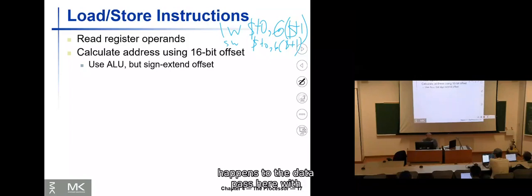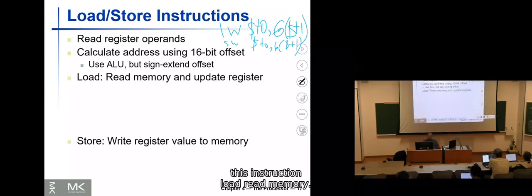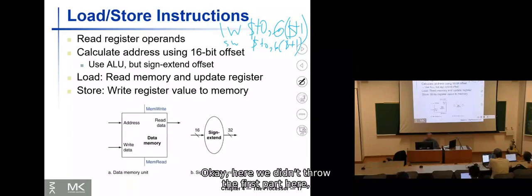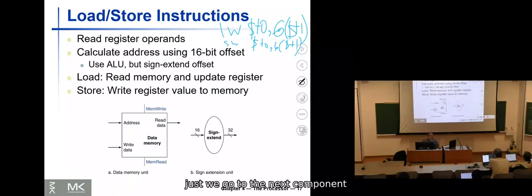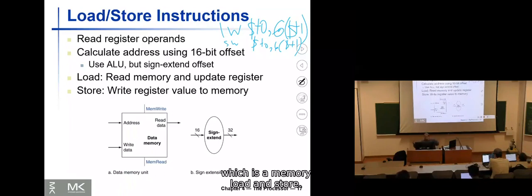So let's see what happens to the data path with this instruction. Here we didn't draw the first part. Here we just go to the next component, which is a memory. Load and store work with memory. Load reads from the memory, a store writes into the memory. As you could see here, each memory has an address, a write data and a read data.